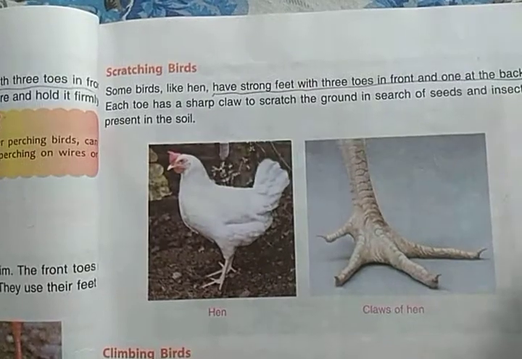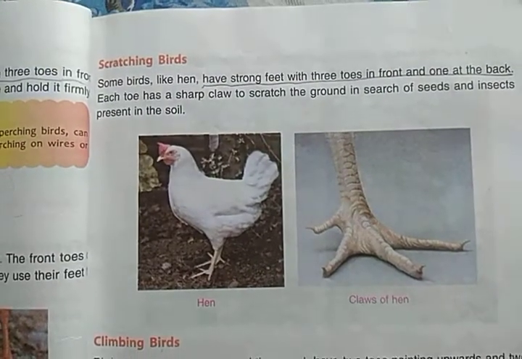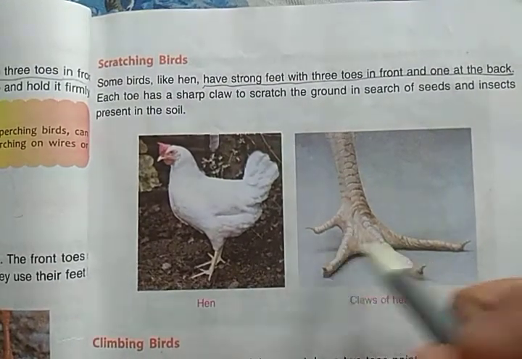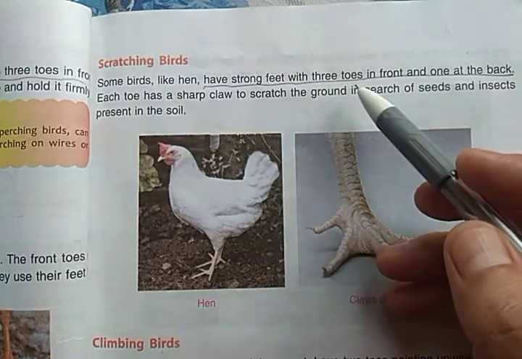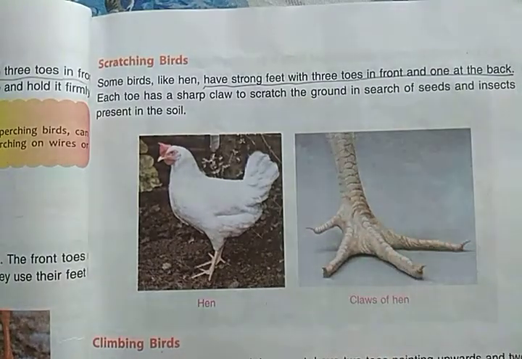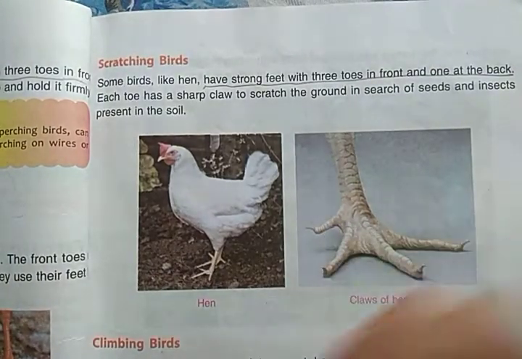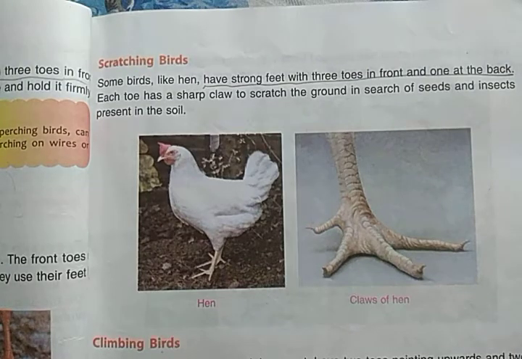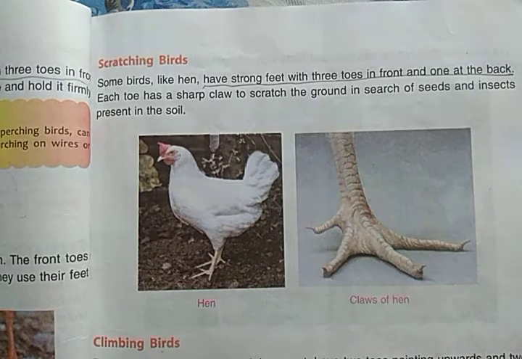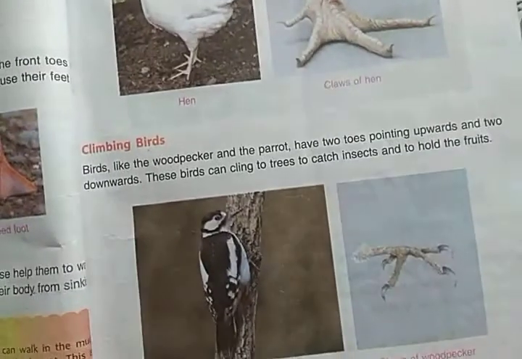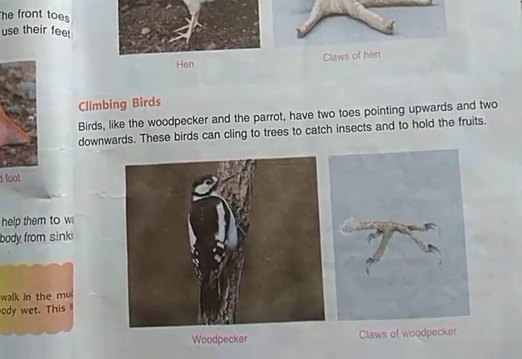Scratching birds, the hen, you can see the example here, have strong feet with 3 toes in front and 1 at the back. They have very sharp claws that help them to scratch the ground. Then the climbing birds.